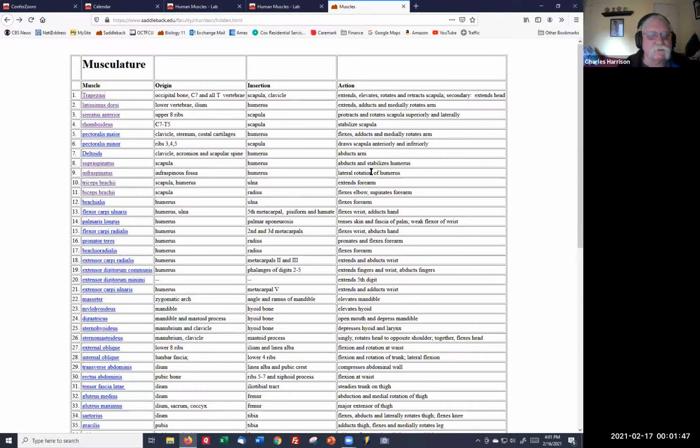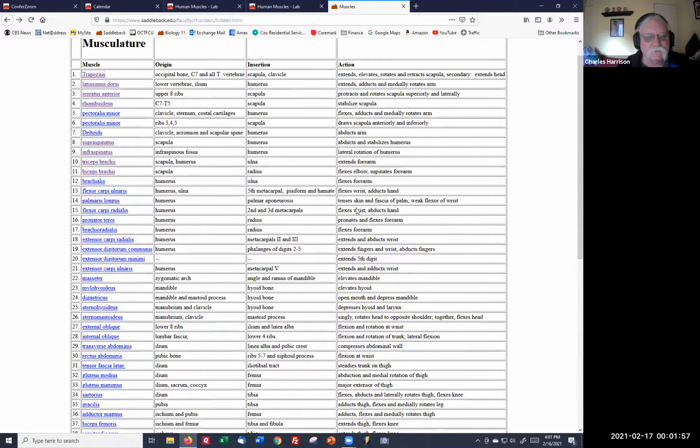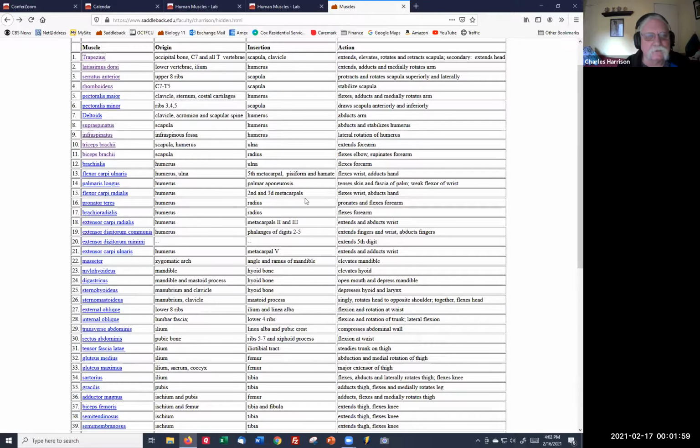So when I first hit you with those, that full page, realize that this is not as difficult as that full page may have looked. You're welcome to learn all of the origins and insertions, but this is the part that you're required to learn. Origin, insertions, and the action.